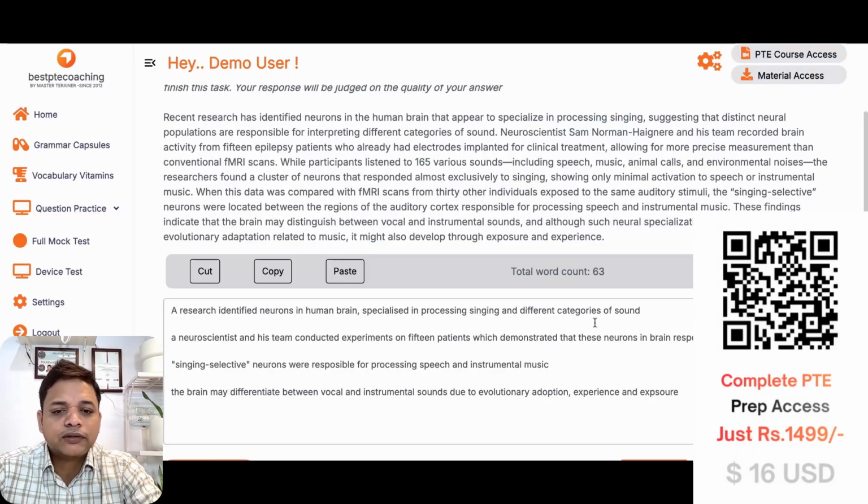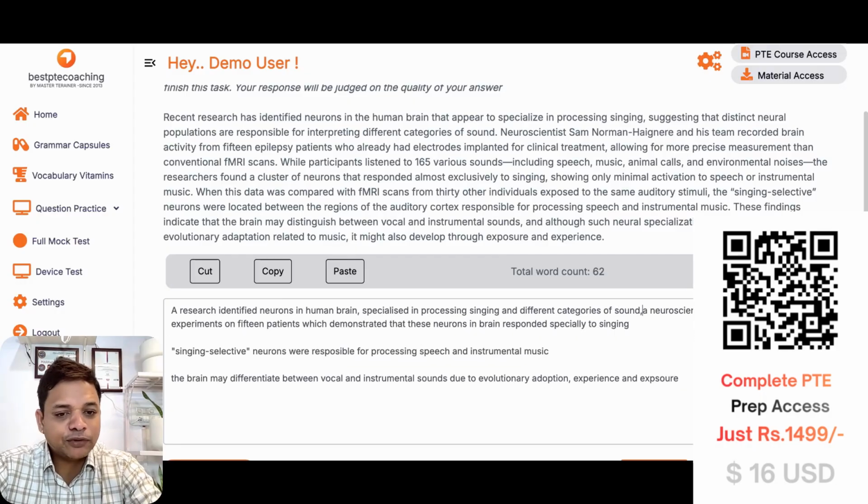Let's go back to the answer. So research identified neurons in the human brain specialized in processing singing and different categories of sound. Okay. This is same flow. Therefore, moreover, a neuroscientist and his team conducted experiments on 15 patients which demonstrated, maybe you can try to prove, right? Or not necessary. I think we can connect it.